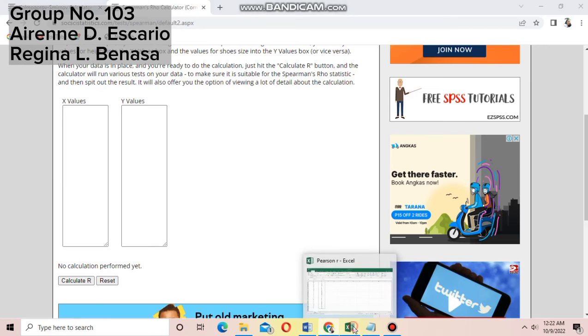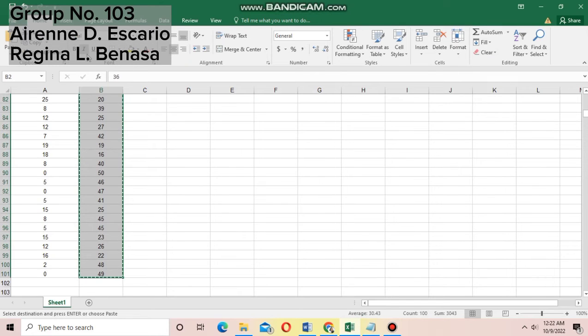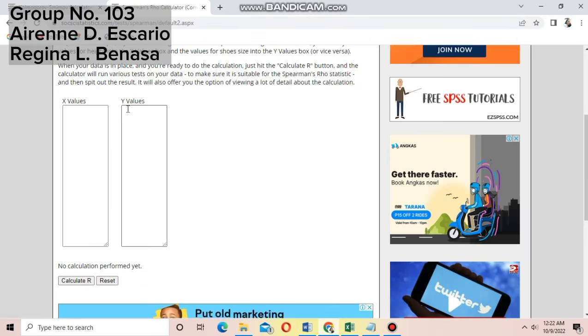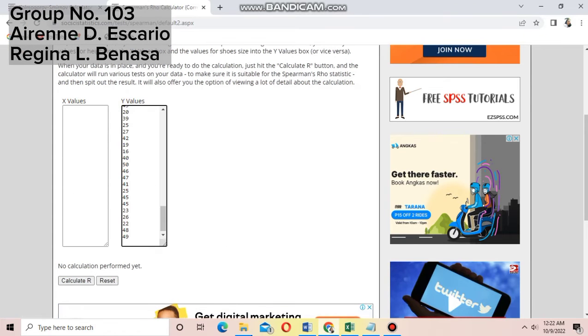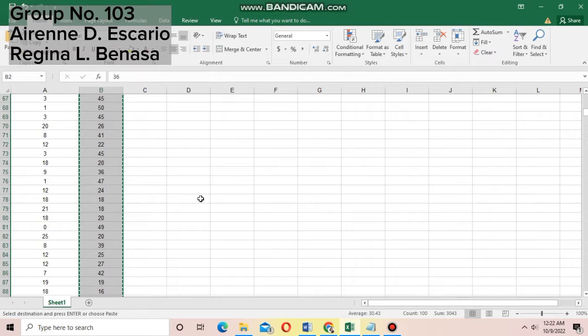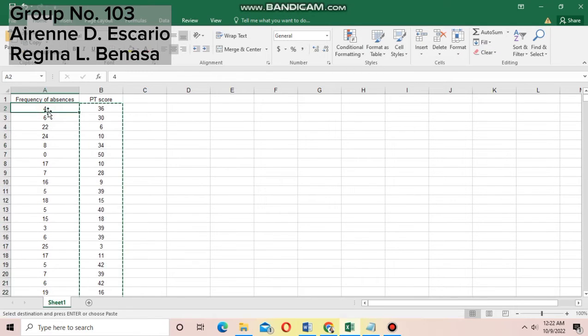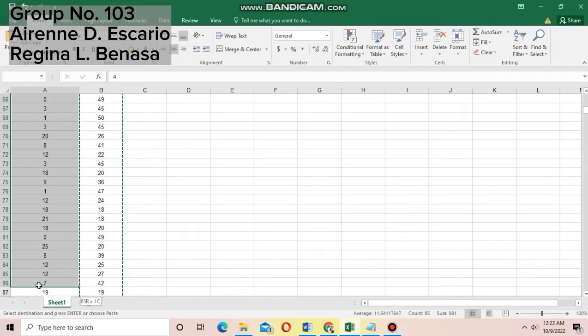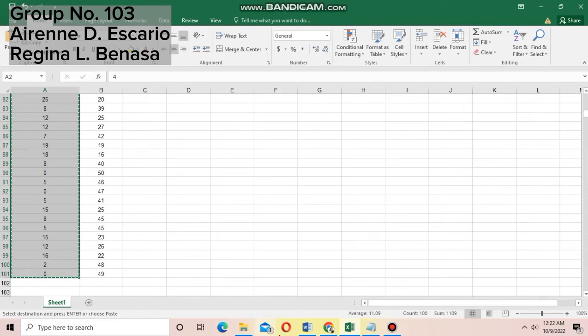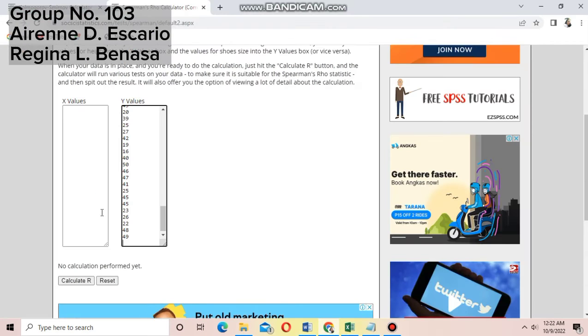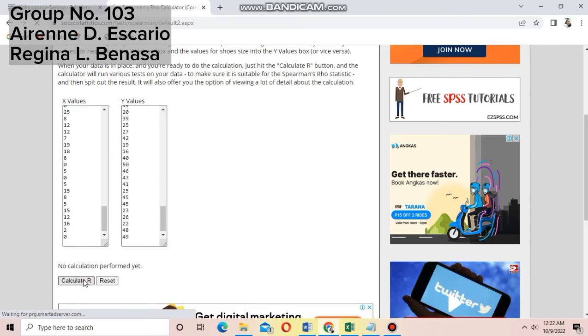Let us copy and paste the frequency of absences as the x values and the periodic test score as y values. Let's try to calculate.